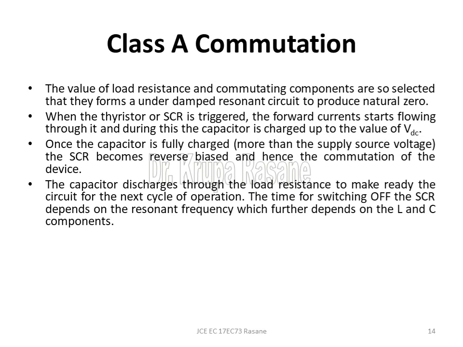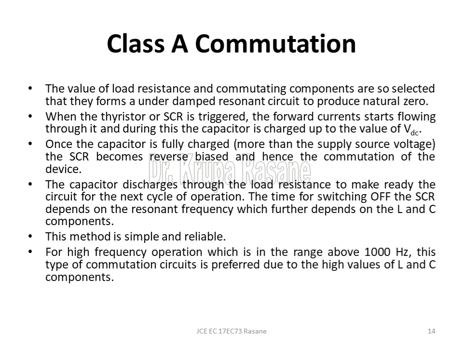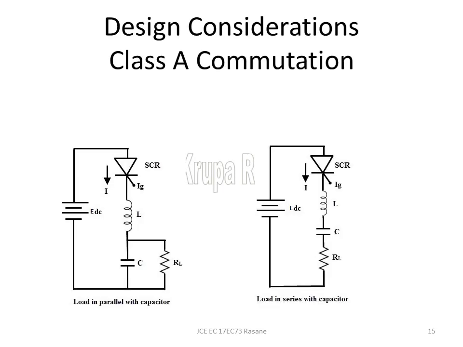The time for switching off the SCR depends on the resonant frequency, which further depends on the values of the L and C components. This method is simple but reliable. For high frequency operation, in the range of more than 1000 Hz, this type of commutation circuit is preferred due to the high value of L and C components.